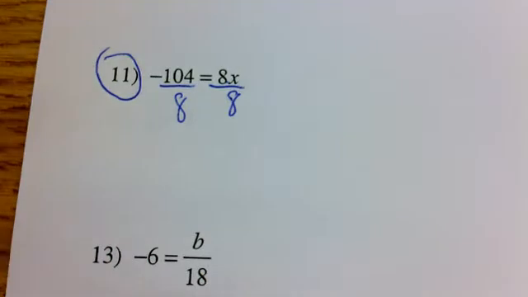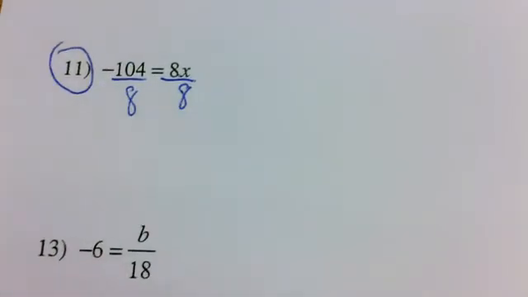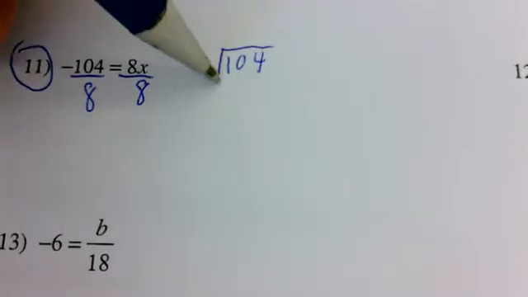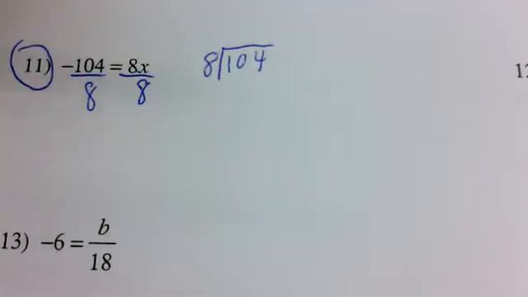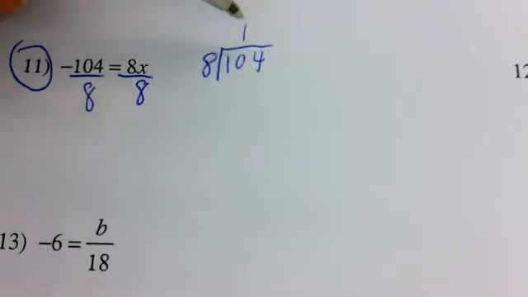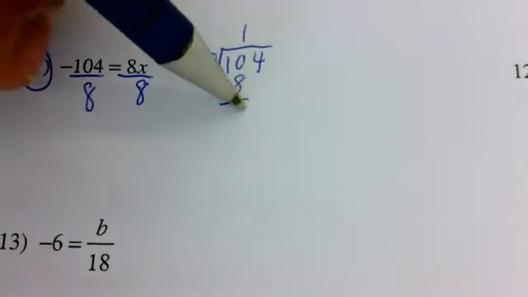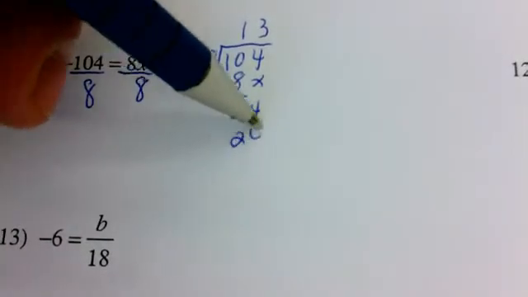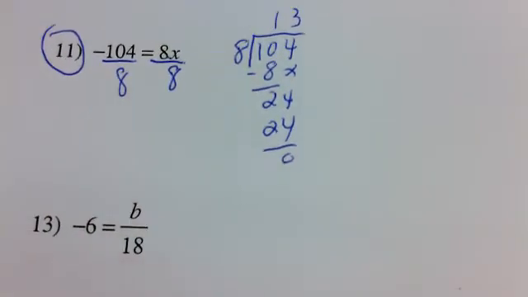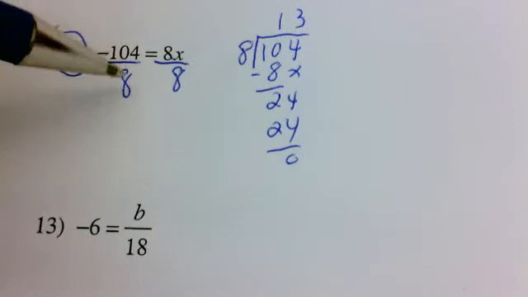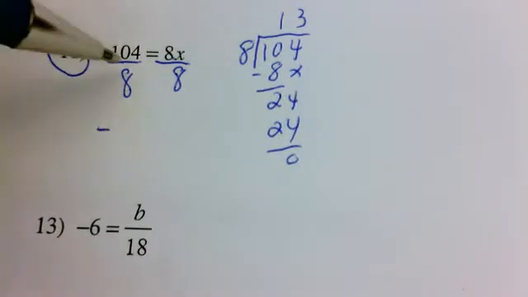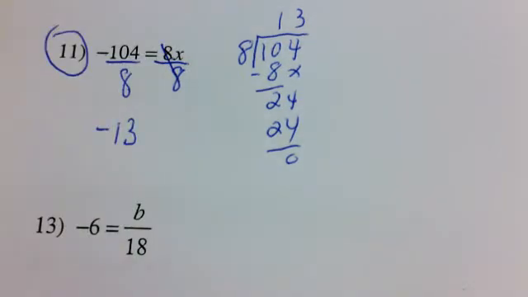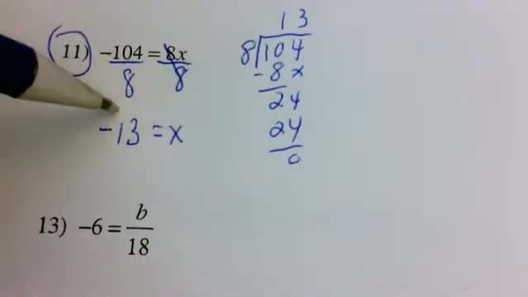If I can't do the division in my head, I'm going to show the long division on the side. So 104 divided by 8: 8 goes into 10 one time, 8, subtract, I get 2, bring down the 4, 3 times, and it goes in perfectly, 13 times. So a negative divided by a positive is a negative, and it comes out to be negative 13. The 8's get crossed out, and I get x equals negative 13.